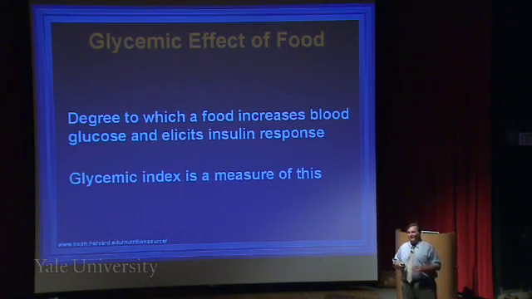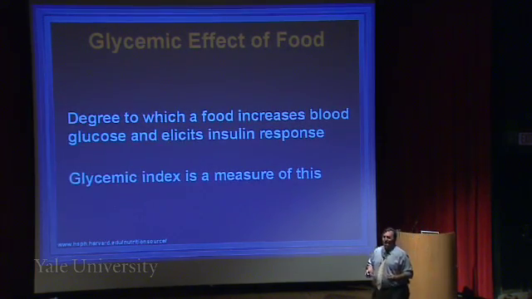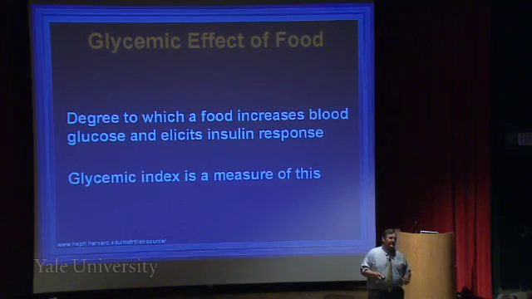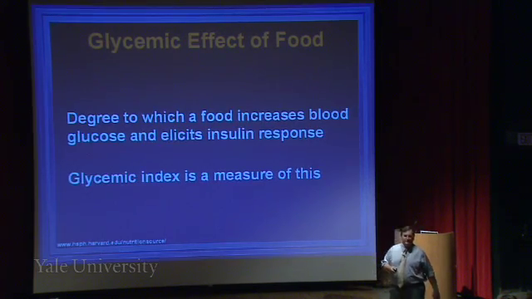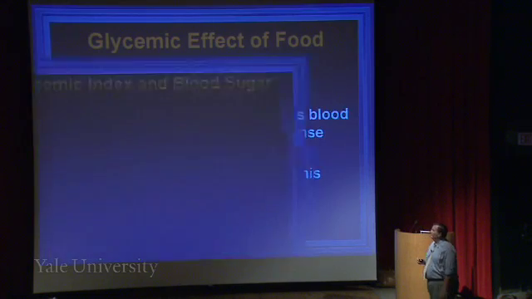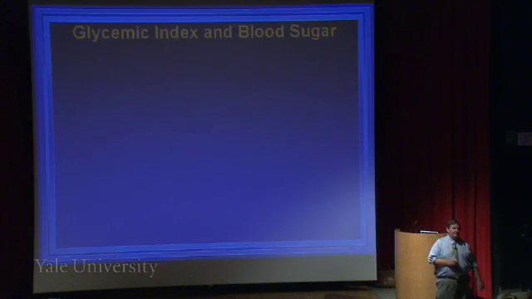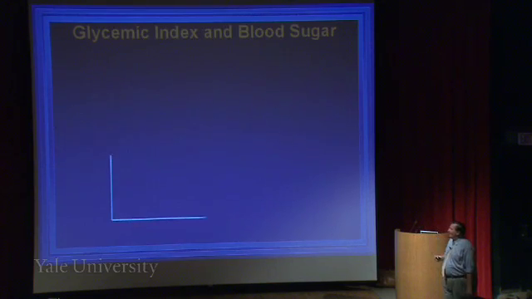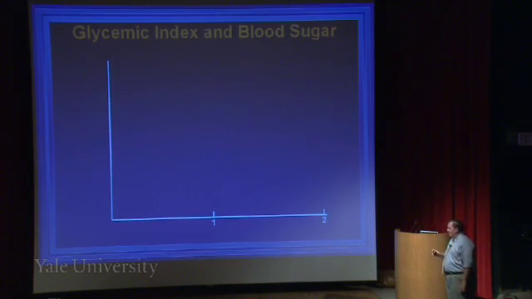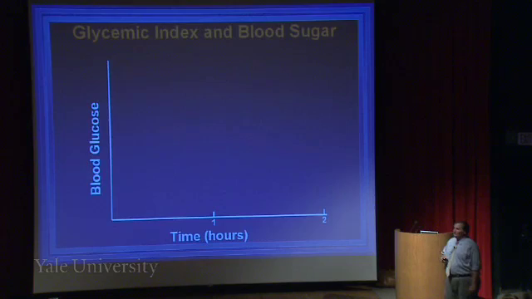And so if you go to the web and just type in glycemic index, you can pull up chart after chart of high and low glycemic index foods, and sometimes you get surprised by what those foods are. Let's show you graphically how this might play out. Let's create a graph here where the x-axis is going to be time.